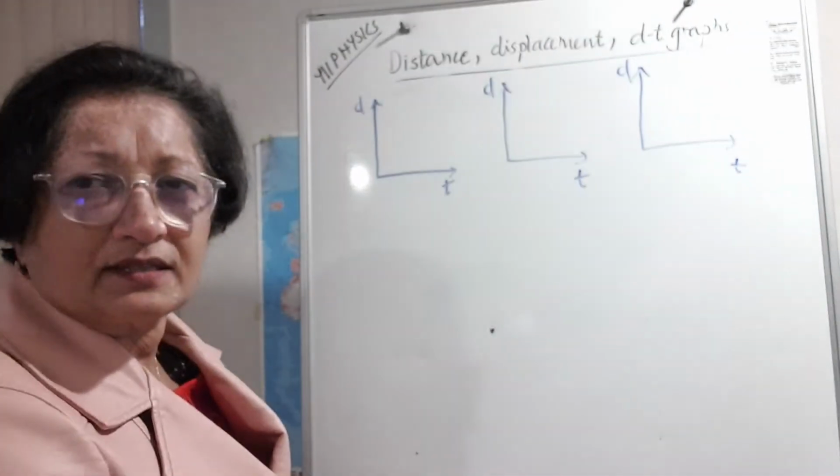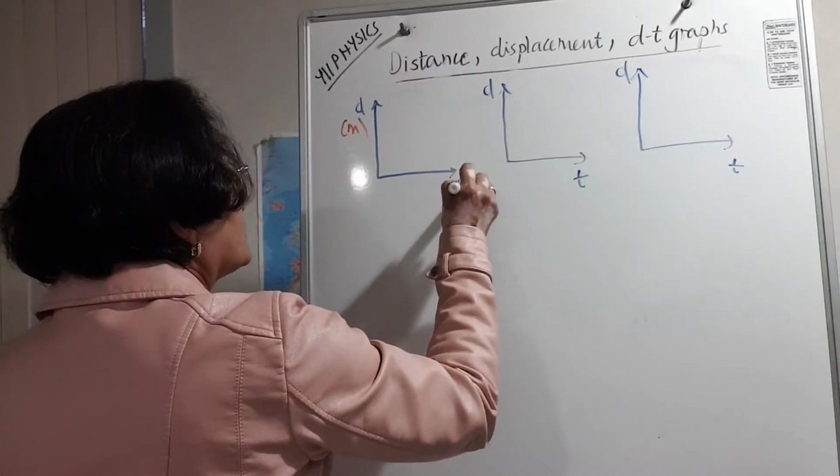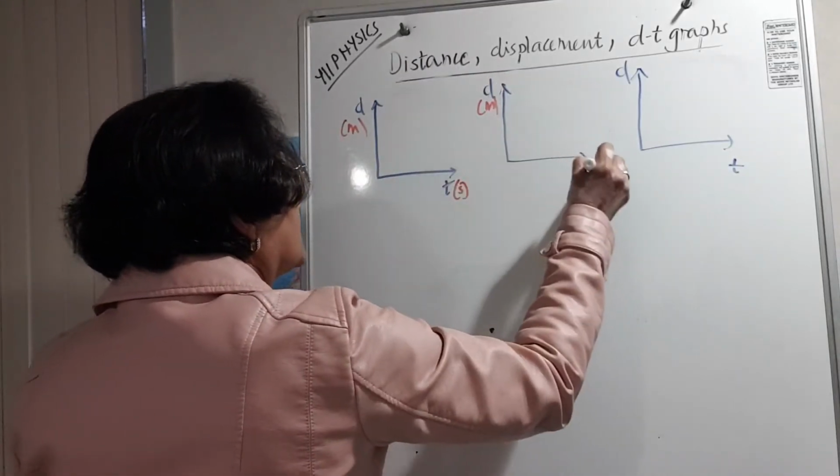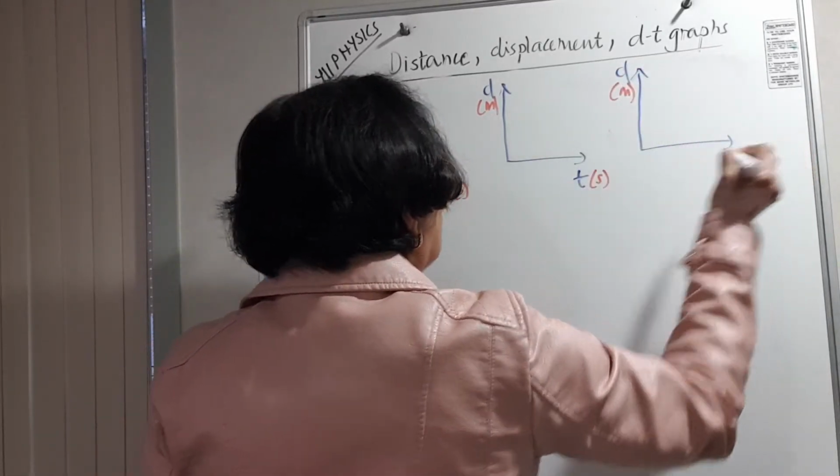Whenever we put your graphs, you also need to write the unit in which these quantities are measured. So distance in meters, time in seconds.